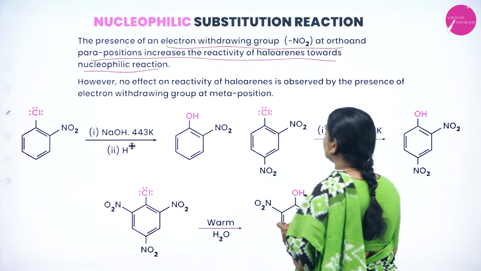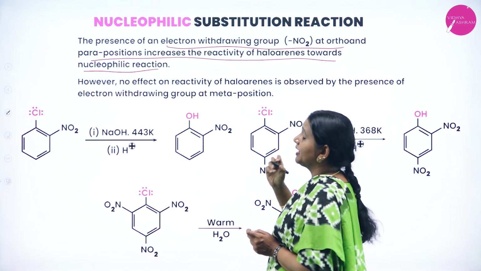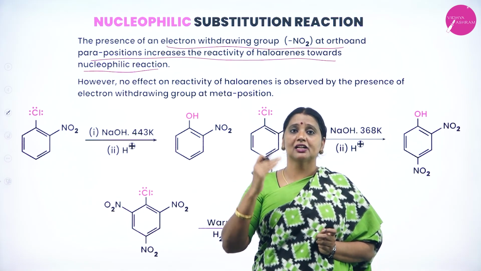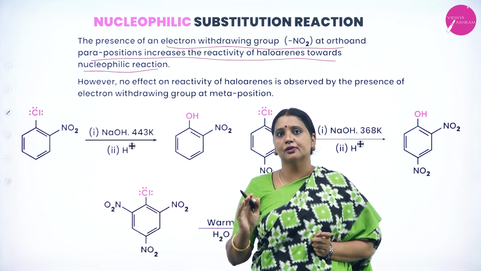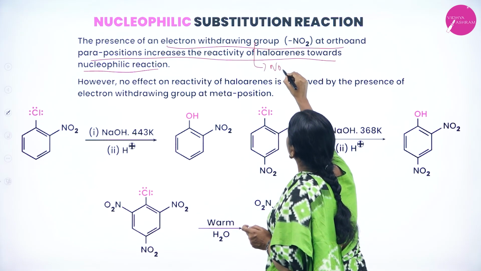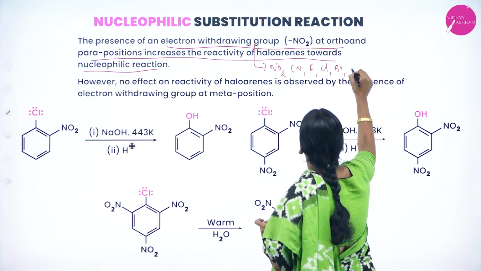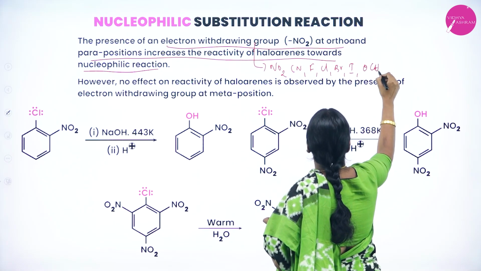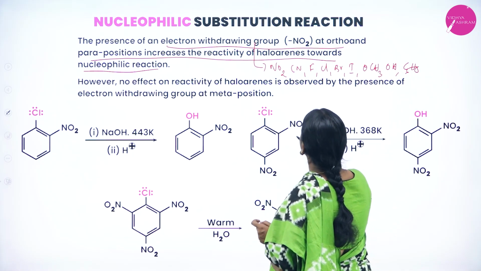In substituents, there are two types: electron withdrawing groups as well as electron releasing groups. Electron withdrawing groups are NO2, CN, and the halogens chlorine, bromine, iodine, while OCH3, OH, and C6H5 are electron releasing groups.